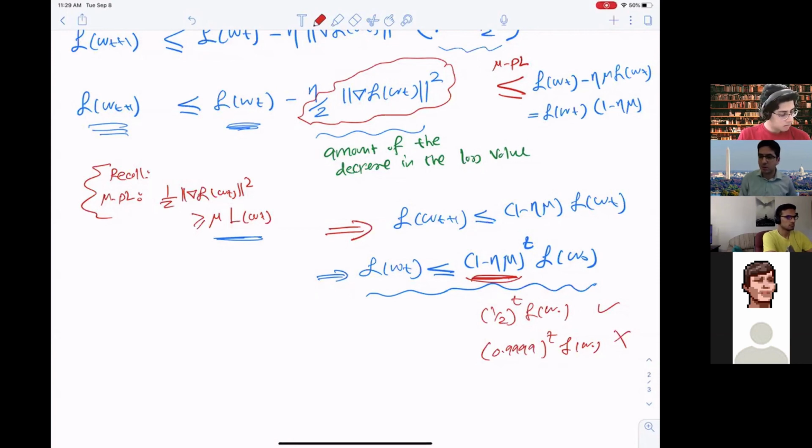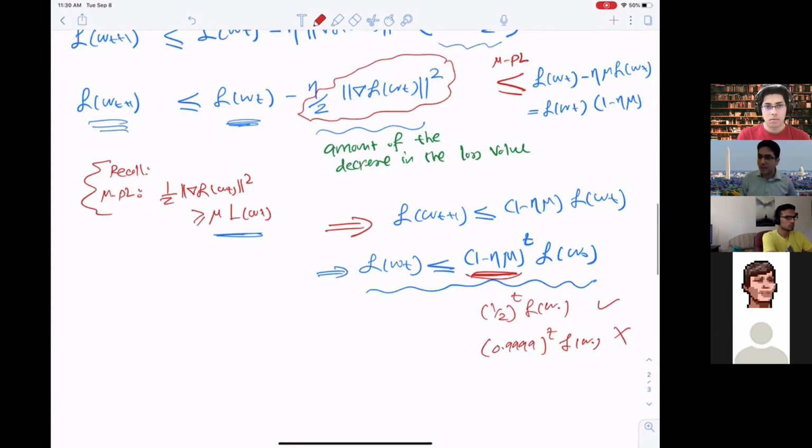Because we have some other assumptions, so it may be the case that your learning rate is large, but if you assume your learning rate is sufficiently small and the loss is beta smooth, then does it mean that if you don't have a convergence, you are violating the mu PL condition? That's a good question. So maybe. I don't exactly know if that's true. Intuitively, it makes sense, but I'm not quite sure.